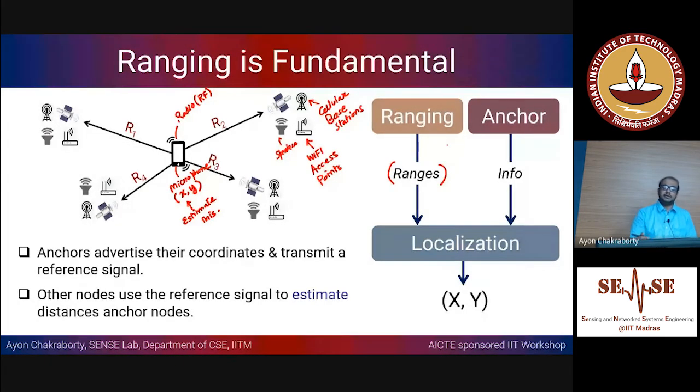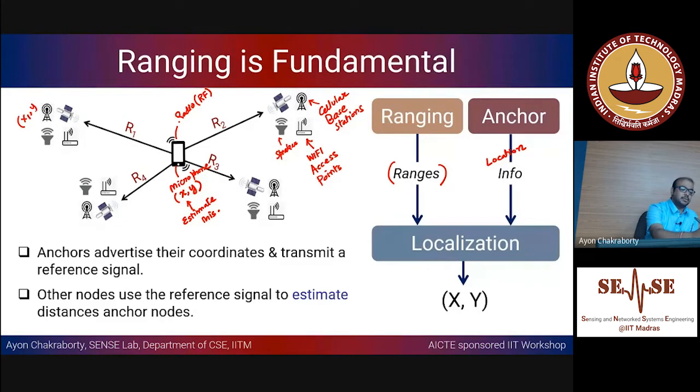So in this case also, we need information about the anchors, and in particular, I would write this as location information. These are basically your reference points. So reference points come with location information. So these anchors, you already know the location of such anchors.